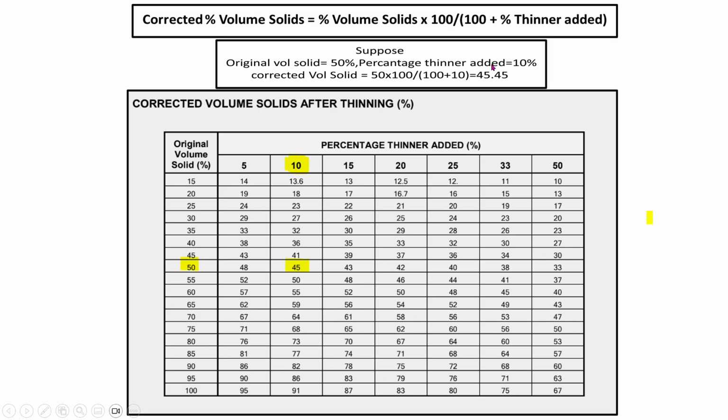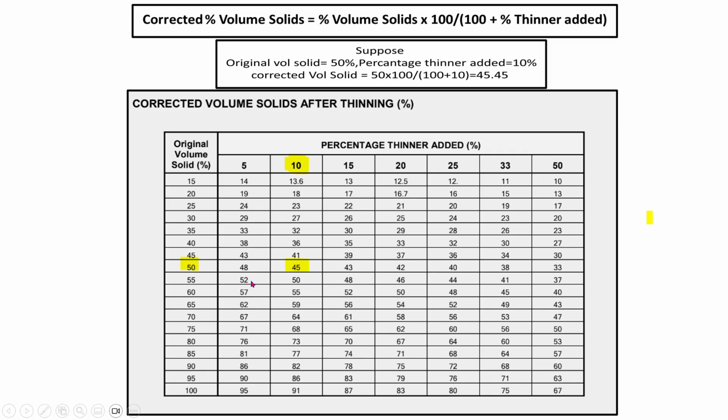Earlier it was 50%, so 100 WFT gave 50 DFT. Now you have to apply more than 100 WFT to get 50 DFT.